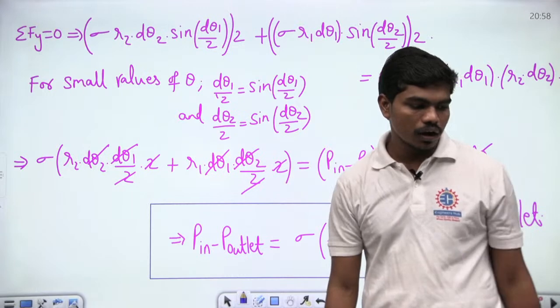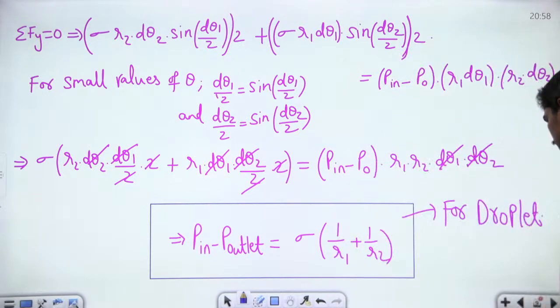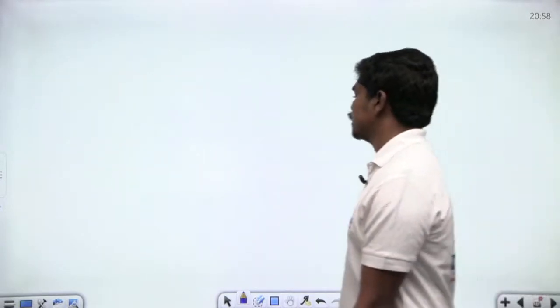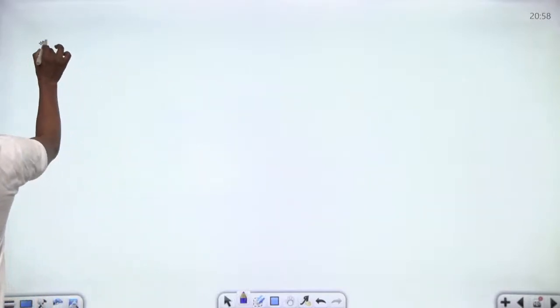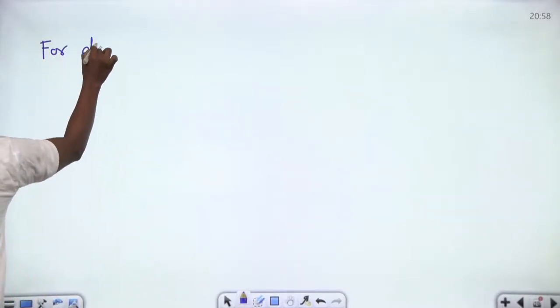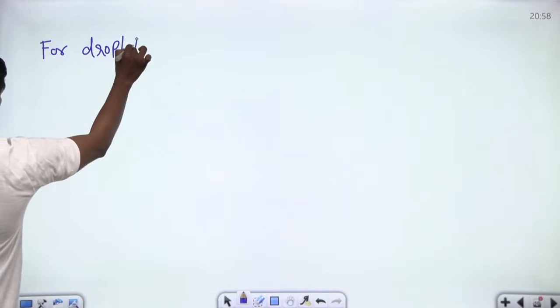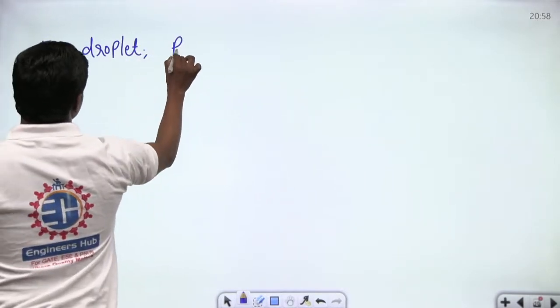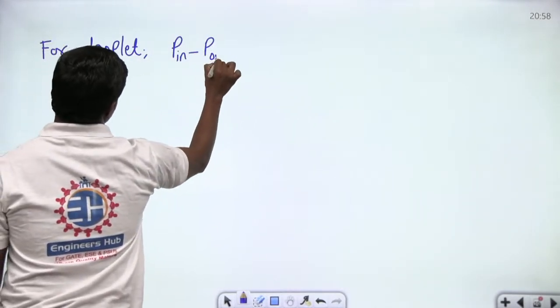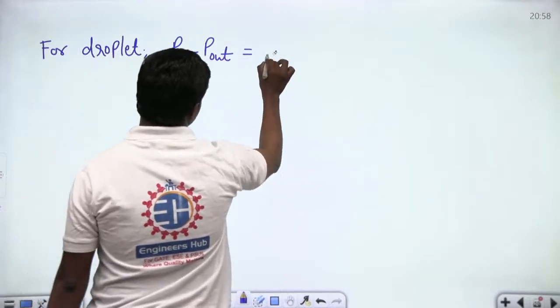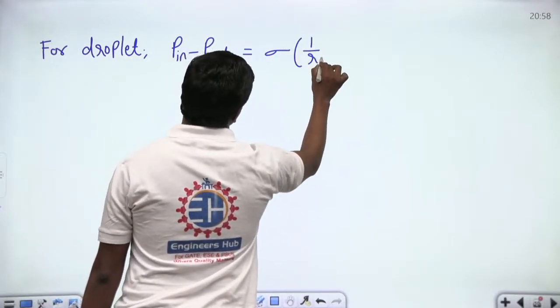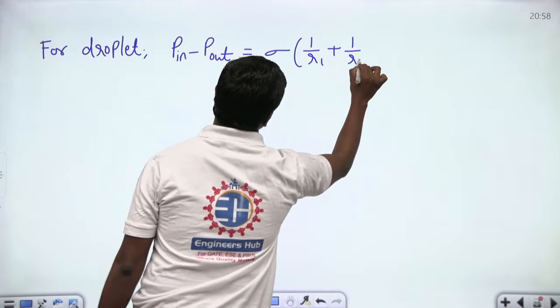Good. So now, this is the case of a droplet. For a droplet, the pressure difference P inlet minus P outlet is equal to sigma times 1 by R1 plus 1 by R2, correct?